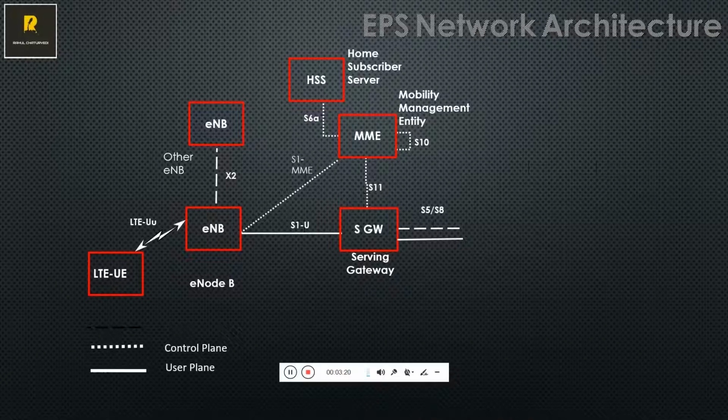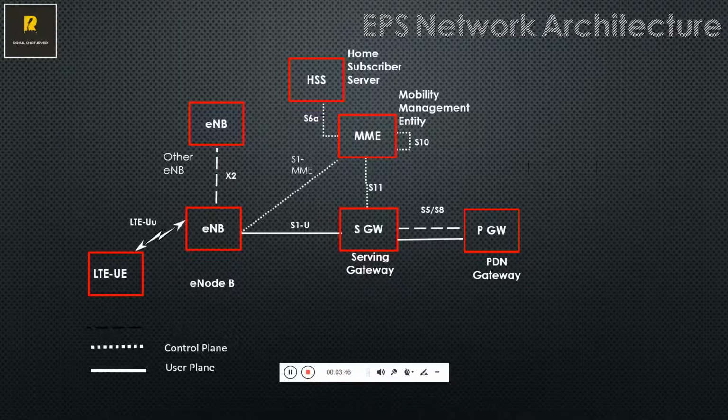To explain that, I have connected MME with the S gateway using the S11 interface. It does not handle the P gateway directly, but indirectly it accesses the P gateway to take out the particular IP from the PDN.